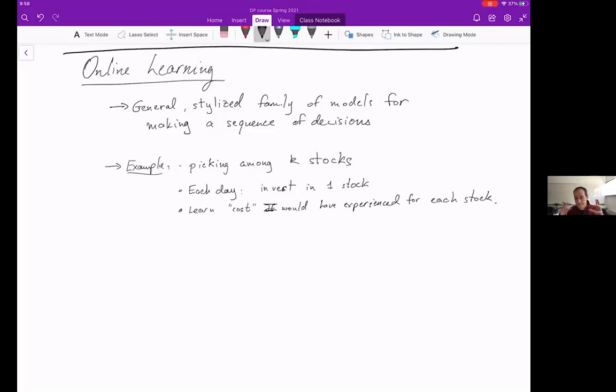So this is not really a realistic model of investment in the stock market, or not a great one anyway, but it is, as I said, a useful example to have in mind: you're choosing among a set of possibilities. You don't really know what's going to happen in the future, but you do have a pretty good picture of past performance for each of the choices you make, and for the choices you would have made at each of the past times.